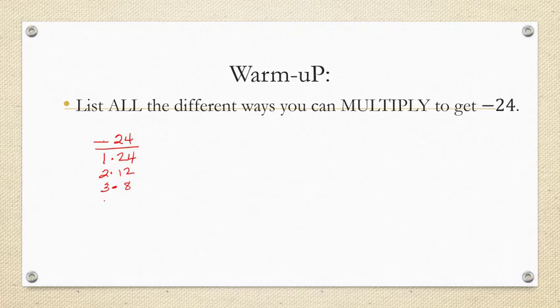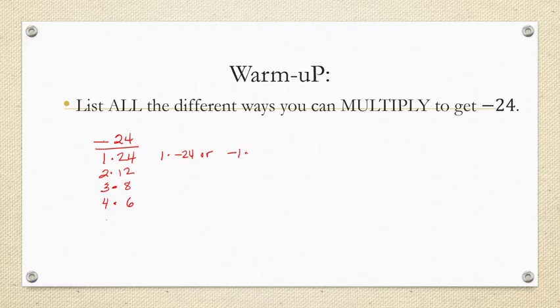And 24 divided by 4 is going to be 6. 5 will not be an integer that would divide into 24 without a remainder. 6 we already have. 7 won't divide into 24 without a remainder. 8 works. We already have 8, 9, 10, 11, and we've got 12. So these are the factors of negative 24.